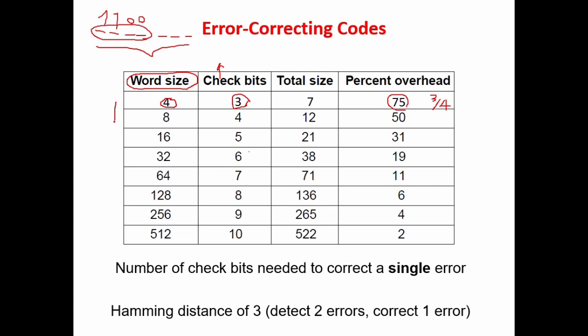But if you increase the word size, for instance, if you want to transfer information with this size, this is the number of parity bits that you need to add. But once you reach this size of information, which is very huge, you can see the number of parity bits is not increasing too much. And this is the percent. You can see the overhead percent would be only 2% for a very big piece of information. This means the relation is not linear.